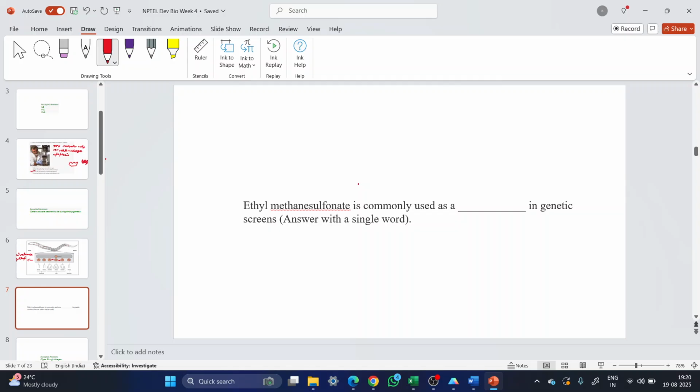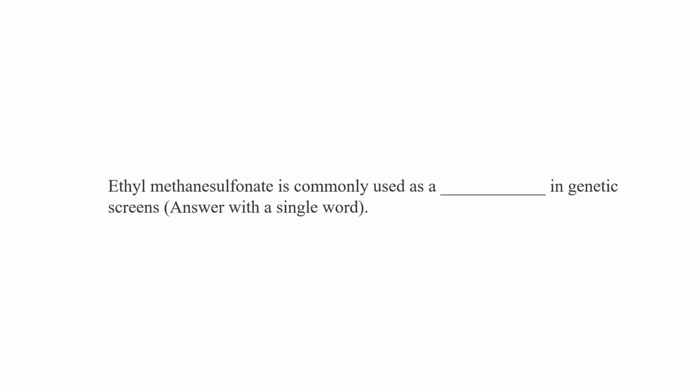Ethyl methane sulfonate is commonly used as a dash in genetic screens. We know what ethyl methane sulfonate is, but what kind of agent exactly it is, that you have to tell. So I'm giving you 2 minutes. After 2 minutes, I'll switch the screen.